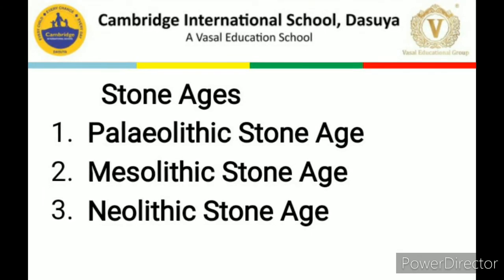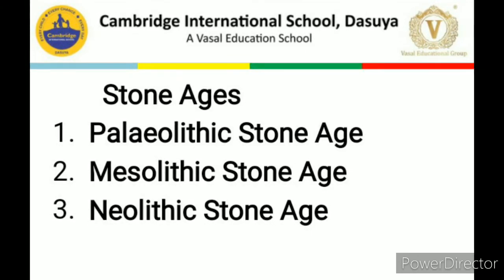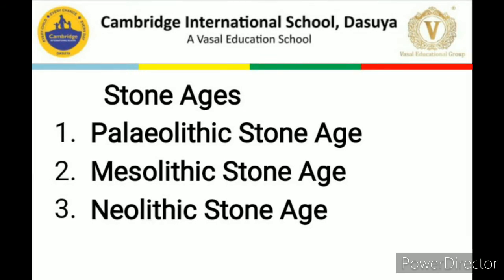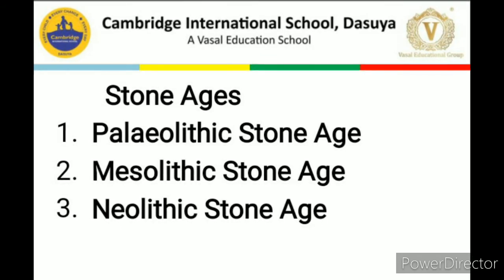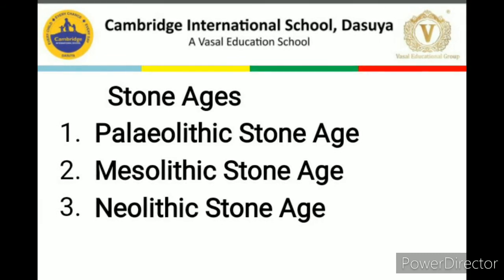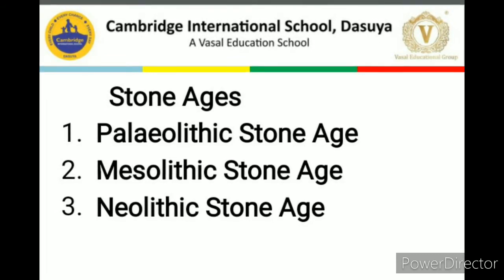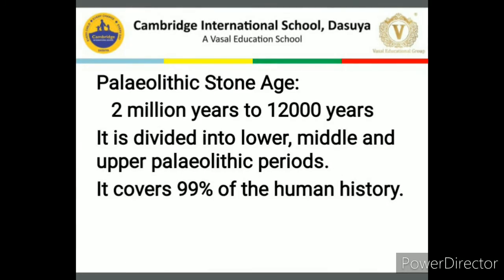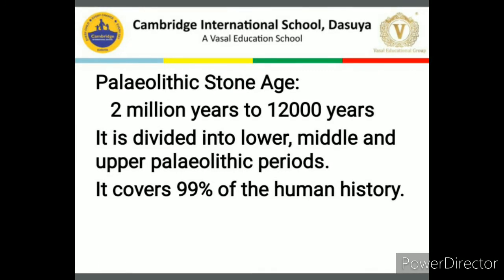So, the first age was the Paleolithic Stone Age. The second was the Mesolithic Stone Age. The third was the Neolithic Stone Age. So, let's discuss these stone ages one by one.